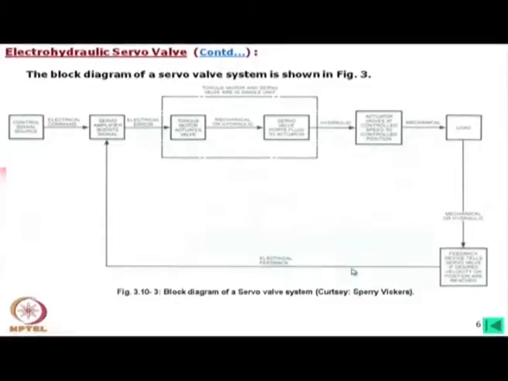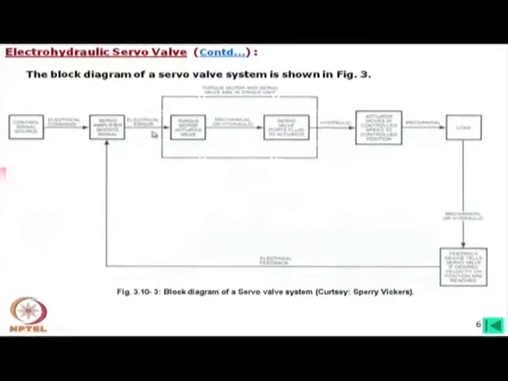Now, if we divide the total function of this valve into discrete parts, then we can develop a block diagram for the operation of such a valve. The control signal source, along with the electrical command, is given to the servo amplifier to boost the signal.